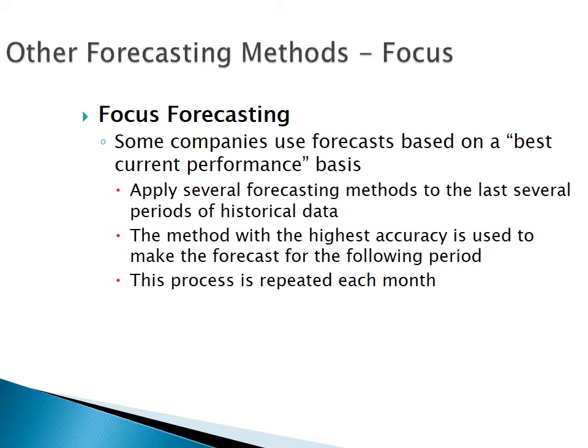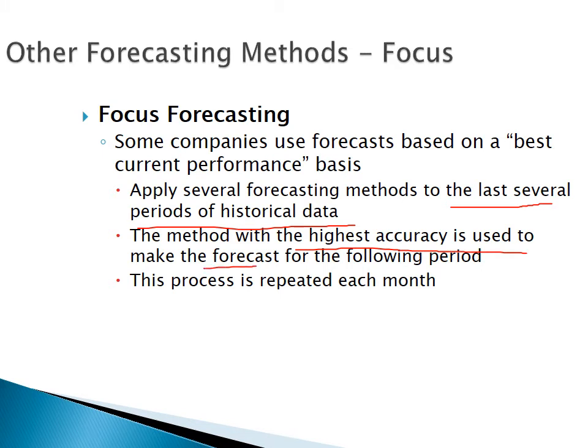There are other forecasting methods like focus forecasting. Some companies use forecasts based on current performance. Apply several forecasting methods to the last several periods of historic data. The method with the highest accuracy is used to make the forecast.